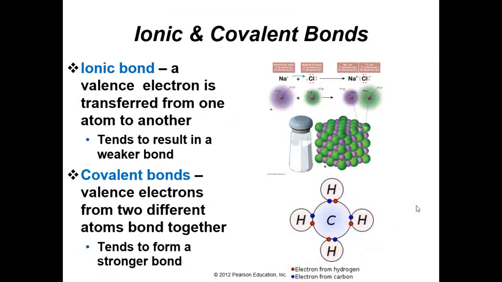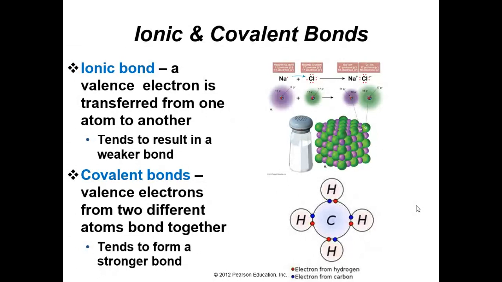You basically get two atoms that come together, such as sodium and chloride, and you get the transfer of a valence electron from the sodium to the chloride.